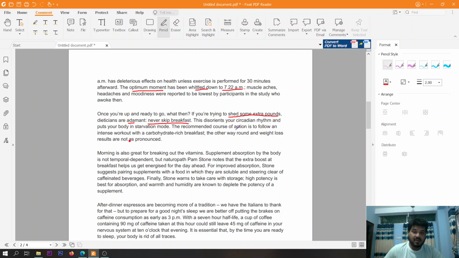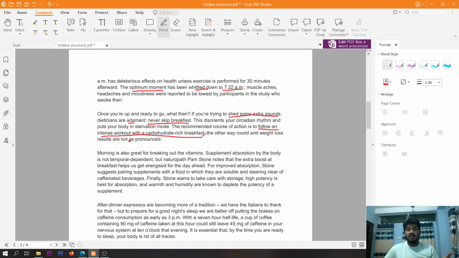The recommended course of action is to follow an intense workout with a carbohydrate-rich breakfast. The other way around, and weight loss results are not as pronounced.